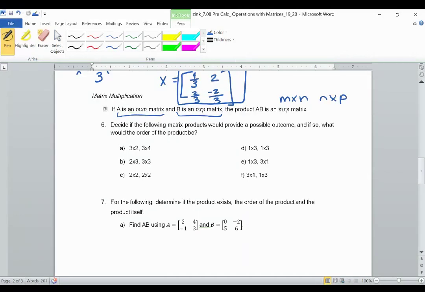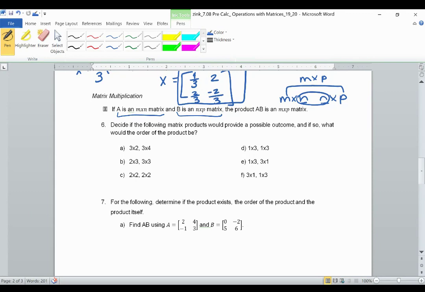So this is rows by columns, so the number of columns in the first one has to be the same as the number of rows in the second one that you're multiplying. If those two are the same, number one, you're allowed to multiply them. Number two, it tells us that the new matrix is going to be of order m by p. So it'll have m rows and p columns.